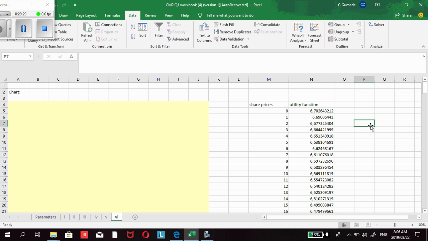So my share price will be in my x-axis and my utility function will be in my y-axis. I'm going to highlight this data here.